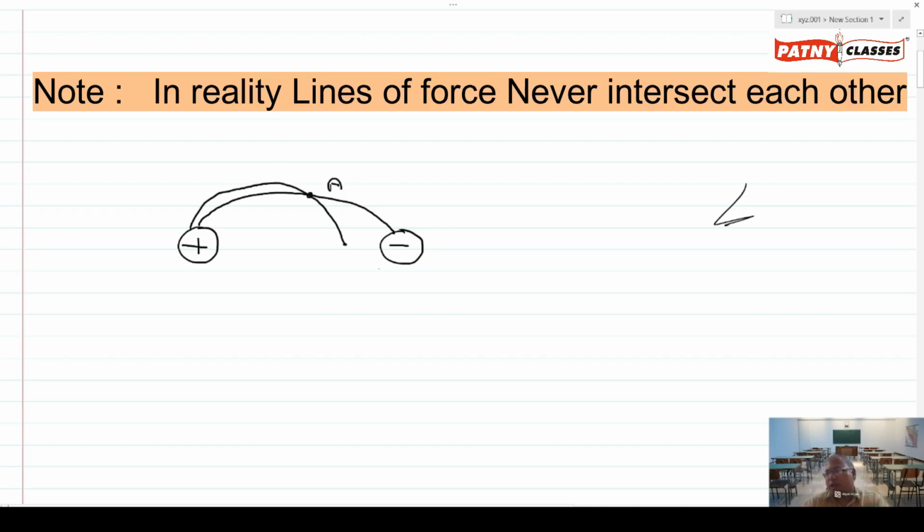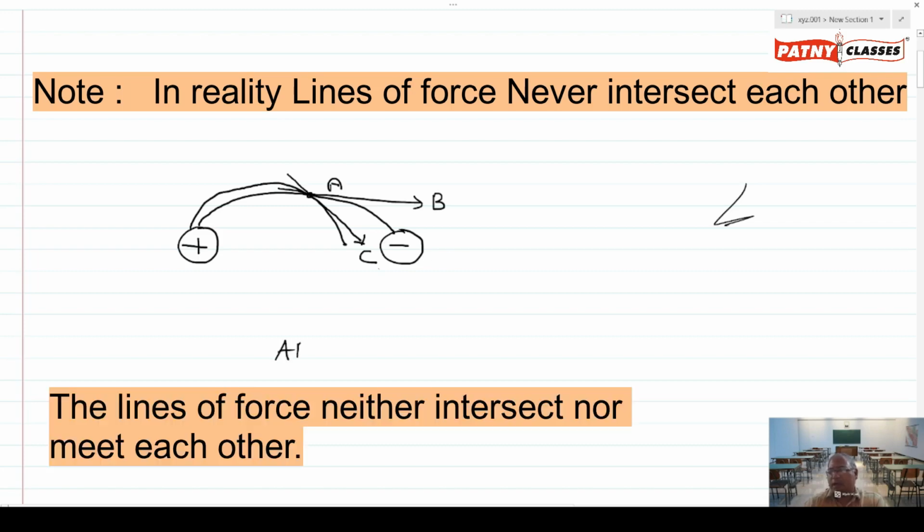The problem is that the line of force intersecting at the point A will have two directions. One is like this, another is like this. Let us call one AB and the other AC. So vector AB and vector AC are two directions, which is not possible.